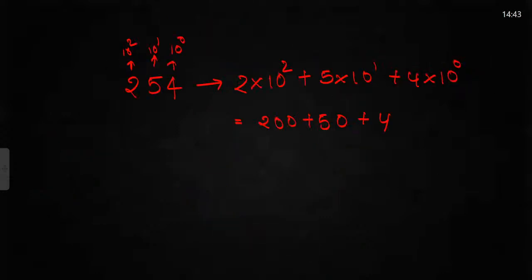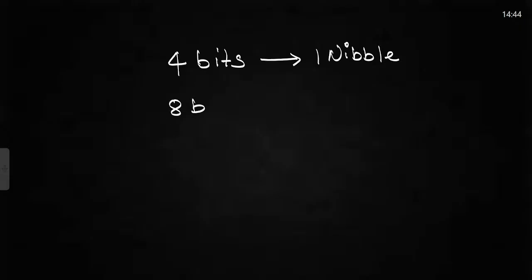Now what are the different terminologies that we will use for this? Now let us say I am having a group of 4 bits. Then I will call it one nibble. Similarly, if I am having 8 bits, then it is known as 1 byte.